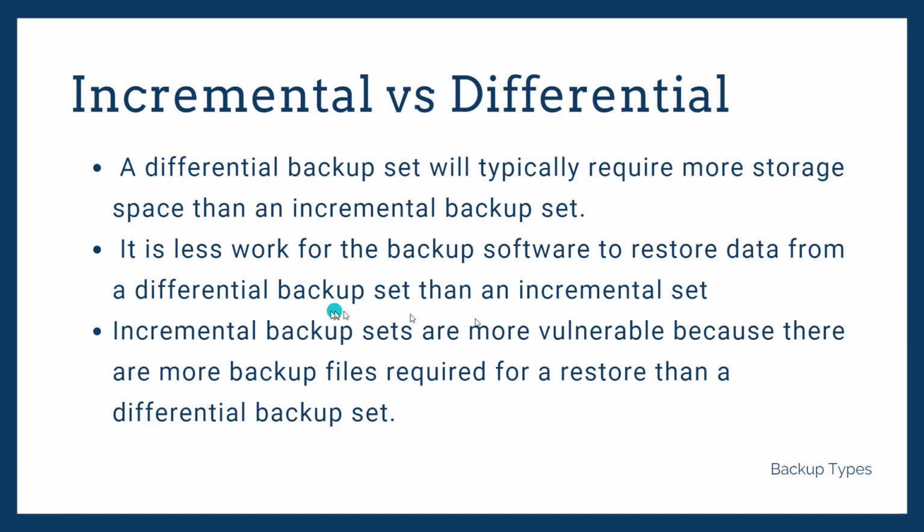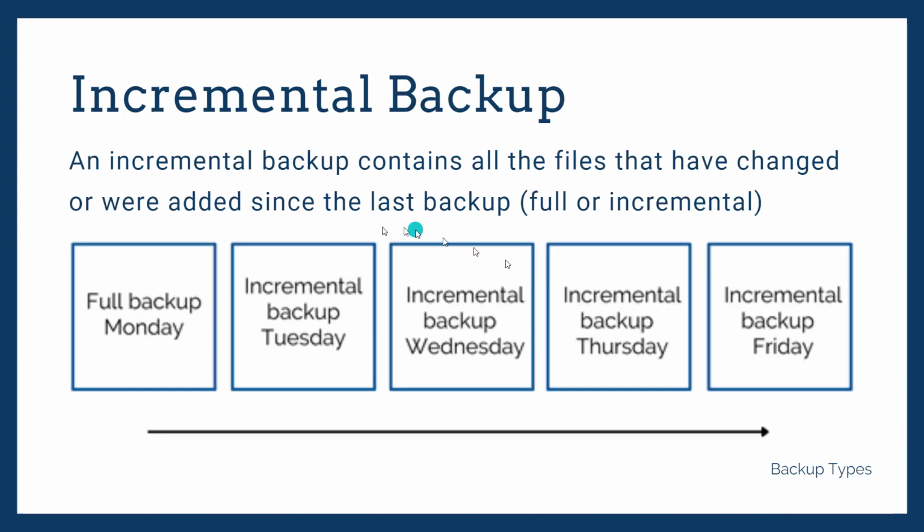The incremental backup sets, like I said, are more vulnerable to corruption and whatnot. Because look at it here, looking at this incremental backup. If I wanted to restore from Friday's backup, I would need Tuesday, Wednesday, and Thursday's backup in addition to the full, right? But let's just say for some reason Wednesday's backup became corrupted or went missing, whatever. It's unusable, okay? I can't restore because the backup software needs all of the changes, all these incrementals in the middle.